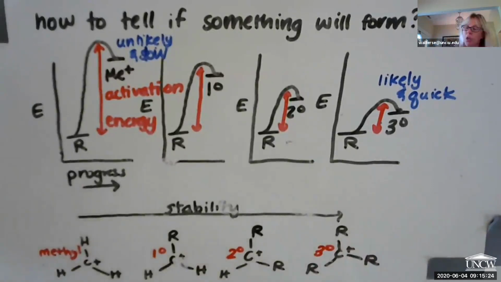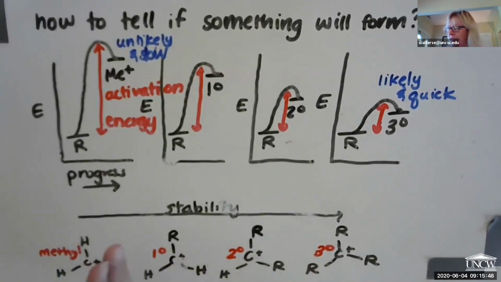So when you have a reactant that undergoes a process and you make a carbocation, you have to determine whether or not that carbocation, let's say you make a primary carbocation, is going to try to rearrange to make itself a more stable carbocation.